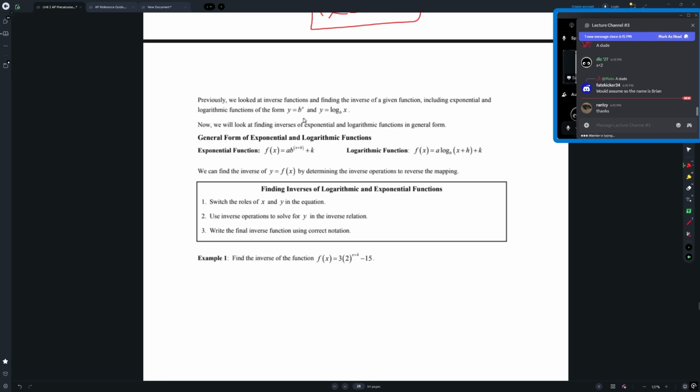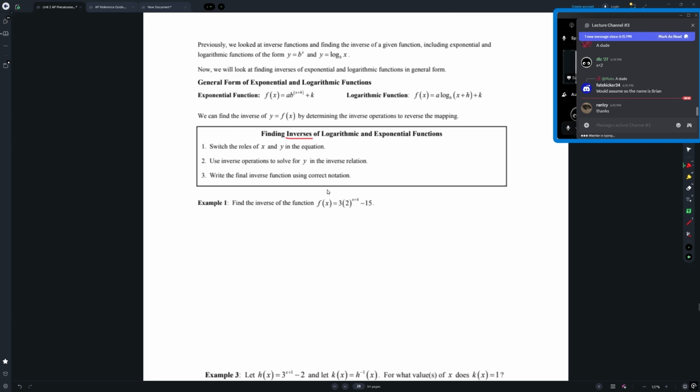Now we looked at inverses. Now find the inverse of this function. Switch x and y, use inverse operations. Write the final inverse using correct notation.